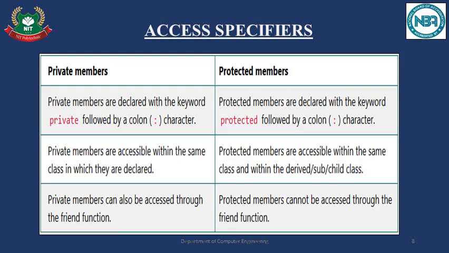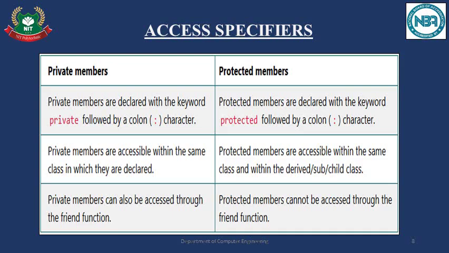In case of protected, members are declared with the keyword protected followed by a colon character. That is, for private we use the private keyword followed by the colon, and for protected we use the protected keyword followed by colon.